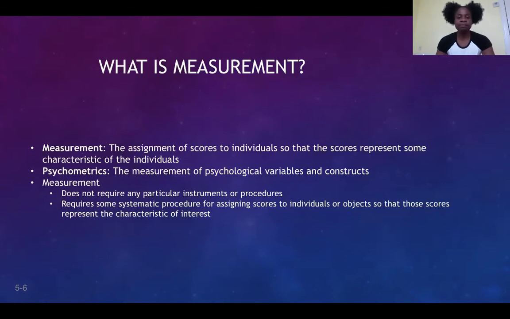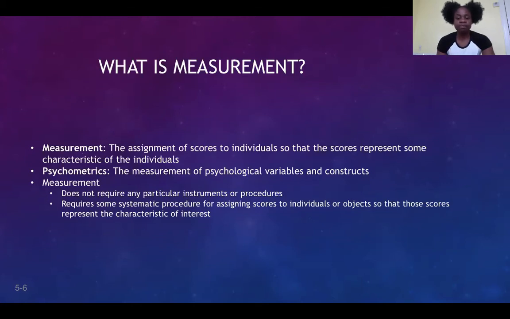Measurement does not require any particular instruments or procedures. It requires some kind of systematic procedure for assigning scores to individuals so that those scores represent the characteristic of interest. For example, a clinical psychologist who is interested in the depression of a person administers the Beck Depression Inventory, a 21-item self-report questionnaire in which a person rates the extent to which he or she has felt sadness and other symptoms of depression.